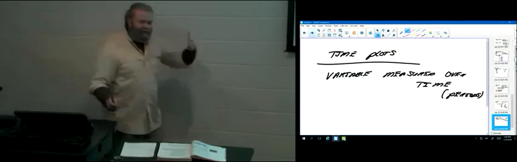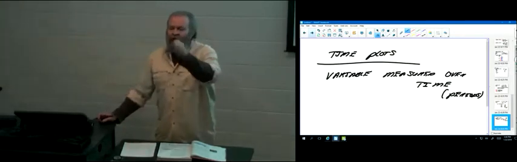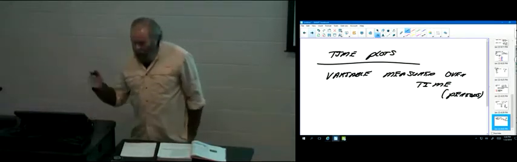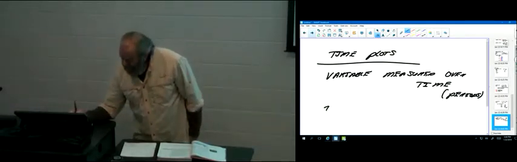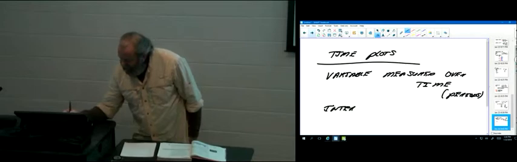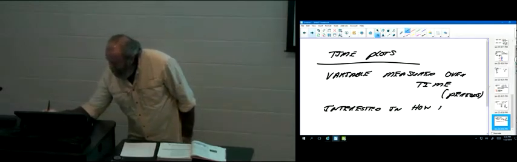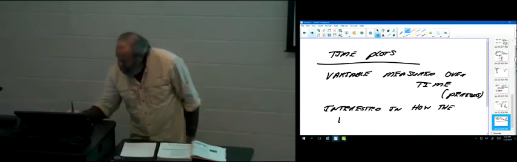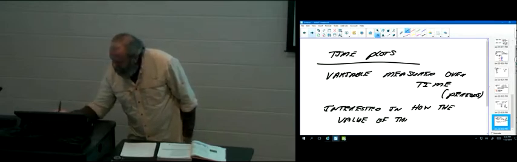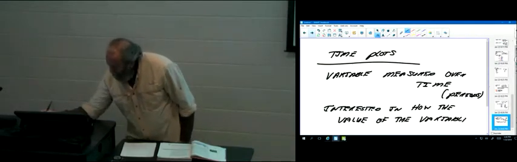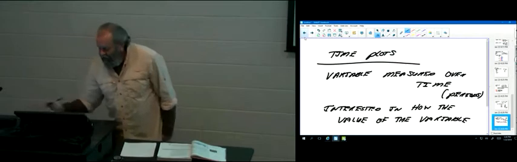But the thing is, we have some variable, and it is measured over time at some set intervals of time. Okay? What we're interested in is how the value of the variable changes over time.